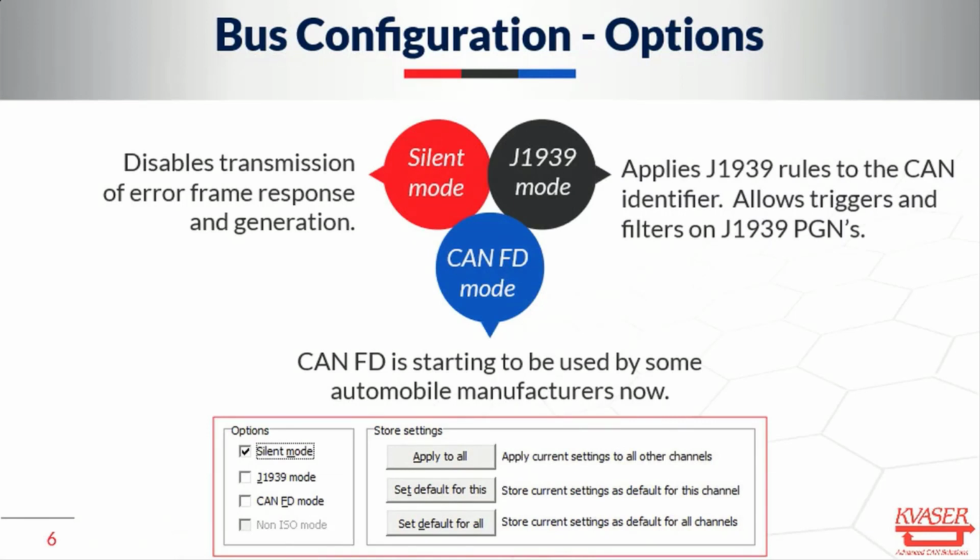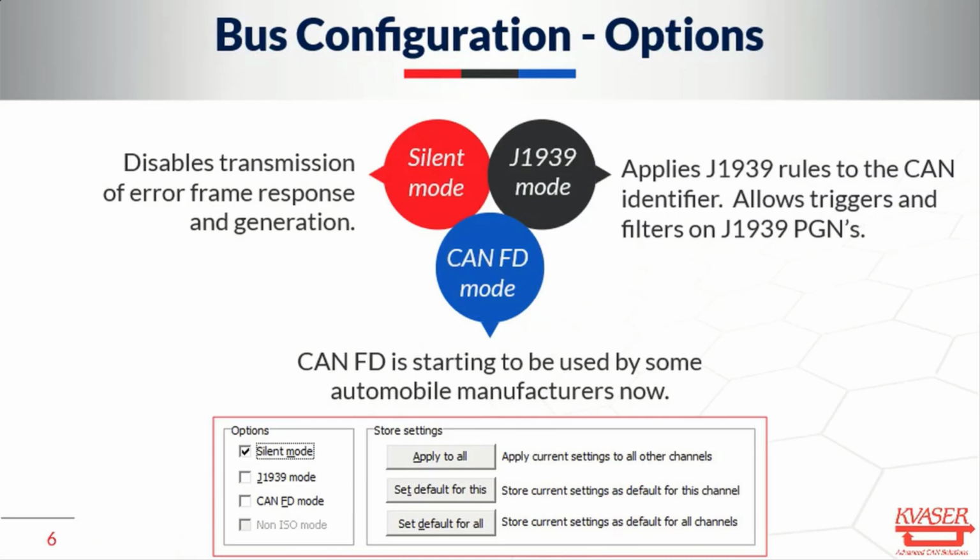You have J1939 mode as a box you can check. J1939 mode simply configures some additional screens in the Memorator configuration tools so that they display the arbitration phase, the CAN ID of the CAN frame, broken down according to J1939 rules. For those of you who are familiar with different CAN protocols, the CAN ID is broken down in completely different ways depending on what CAN protocol you're talking about.